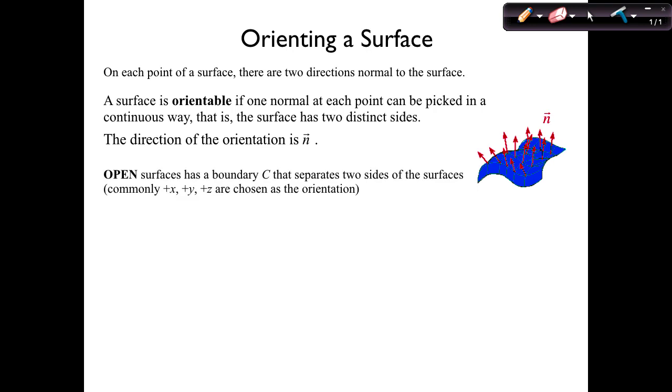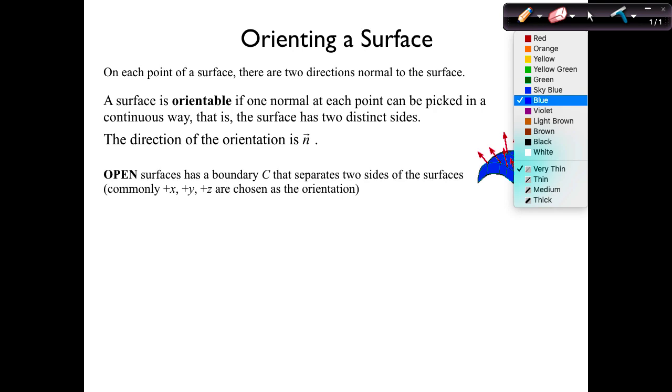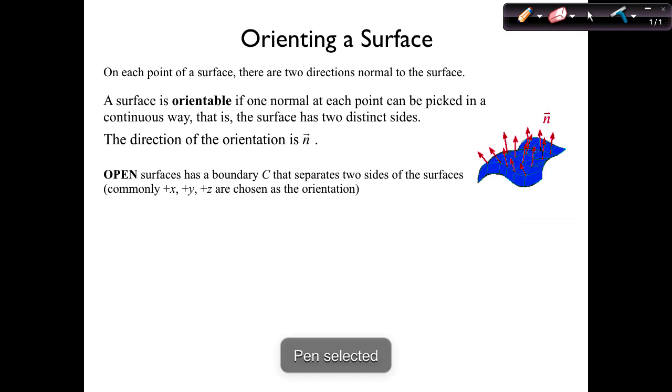Okay, that's called an open surface. An open surface has a boundary C that will distinguish the two sides. Do you see that there's a boundary around this?